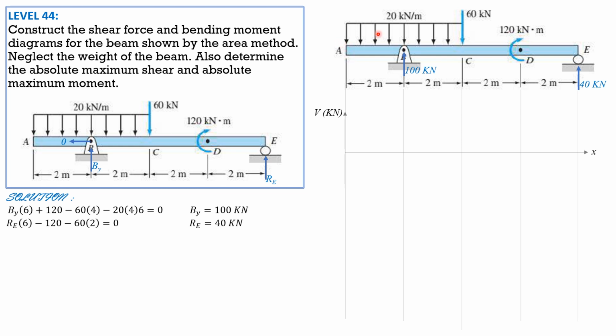The area is negative 20 times 2, so negative 40, from 0 to negative 40, straight line. Then plus 100, negative 40 plus 160. Then plus this area, which is straight line again, negative slope, negative 20. The area is negative 20 times 2, so 60 plus negative 20 times 2 is 20.